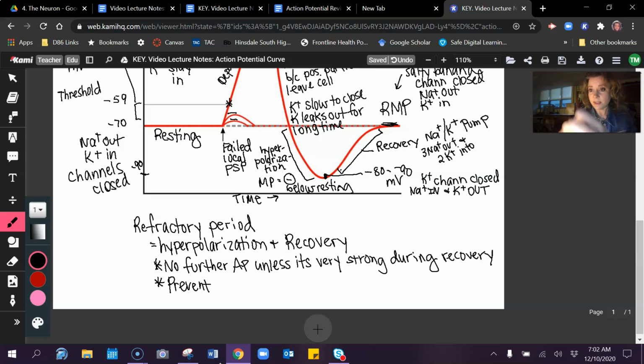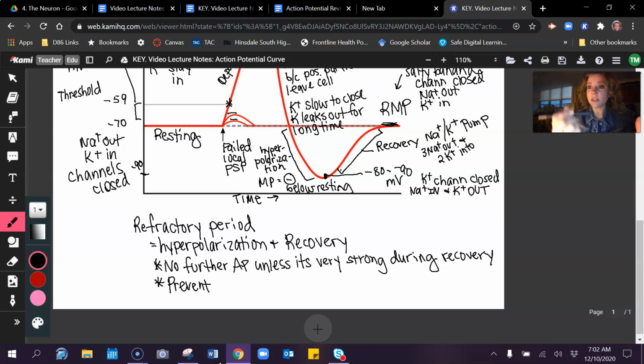Because remember, this action potential is happening in tiny sections of the cell membrane. So when one section of the cell membrane goes through an action potential, it's going to stimulate the next segment to go through an action potential, and so on and so on. So the pieces of the cell membrane that have gone through an action potential, they're in the refractory period.